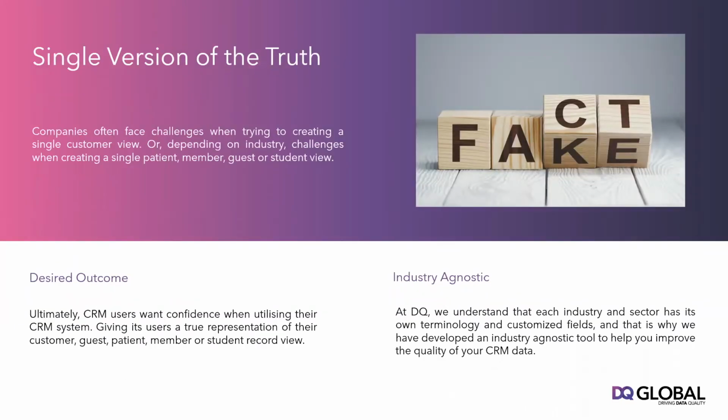So what are we trying to achieve here? Many companies are overwhelmed with duplicates in their CRM system, and they cannot get one single version of the truth. So for marketing, it ends up in overspending, as we've just seen. Sales and customer service are frustrated by the lack of contact or having a full picture when they're going into an opportunity or speaking to a customer.